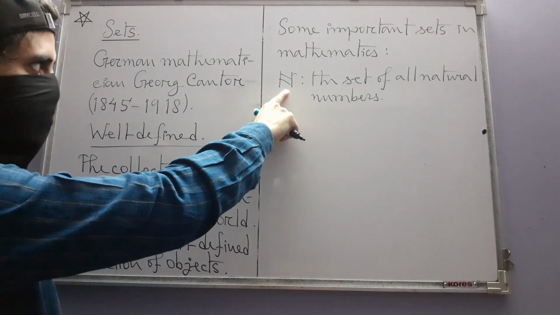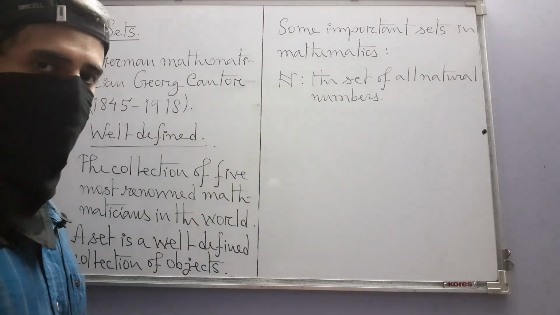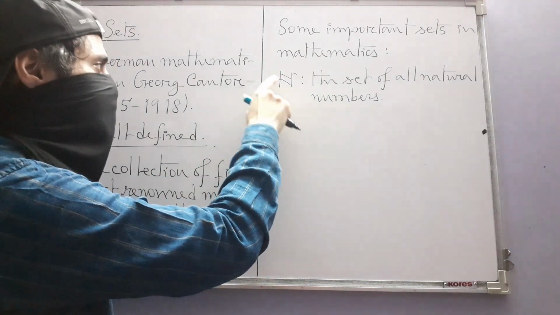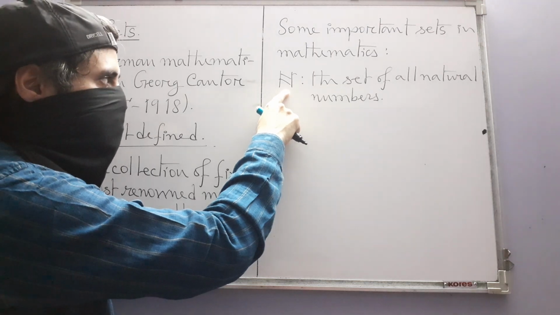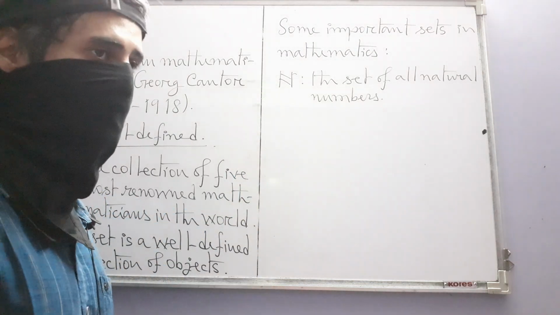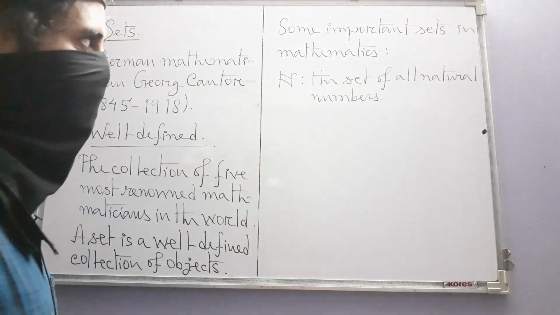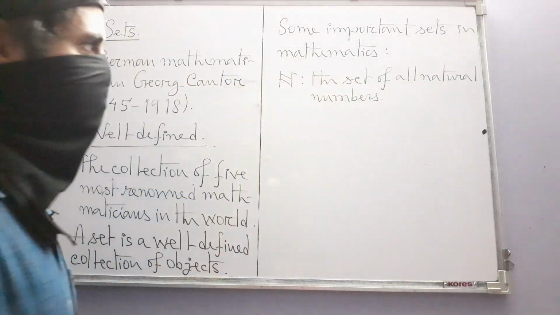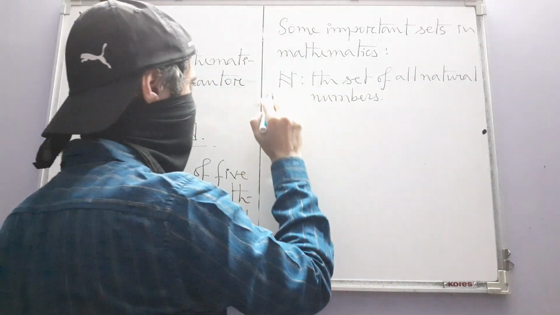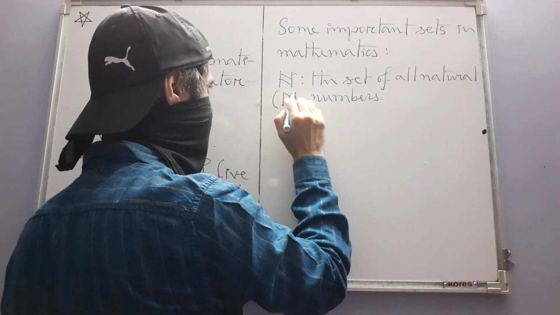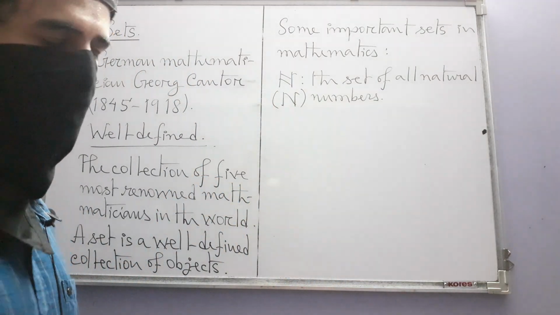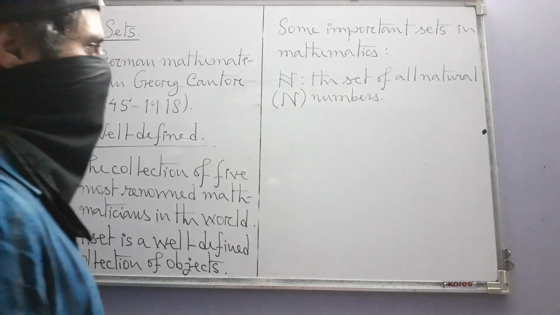Now this N may look a little strange. Actually this is the symbol that is reserved for the set of natural numbers. However, it's a little difficult to keep writing this. You can instead write ordinary N. In the text, a bold N has been written, but you can just write N, okay?